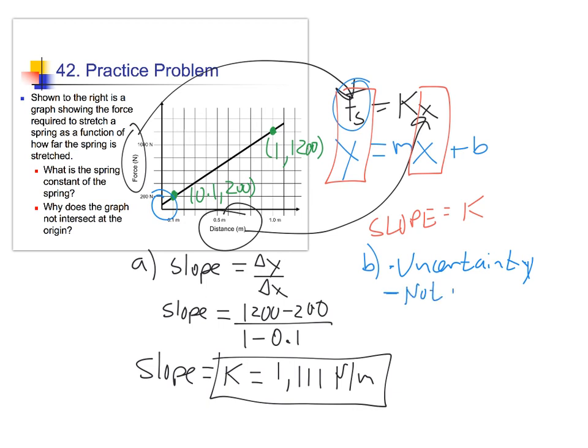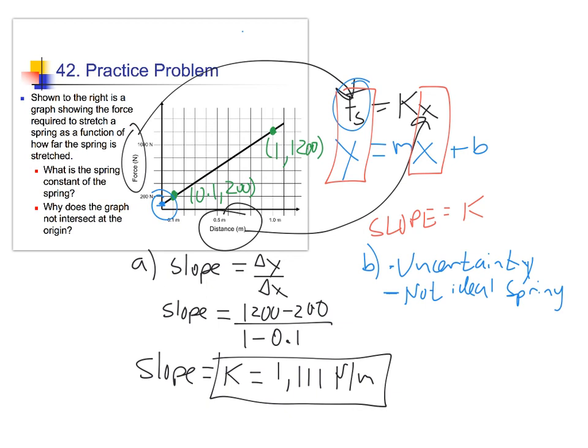Another is this could be not an ideal spring. We make the assumption that it obeys Hooke's law completely, but that might not actually be the case. In reality, some springs take a little bit of force to make them begin to stretch. And we see here from the graph that we need about 75 to 100 newtons of force before this spring even begins to stretch.